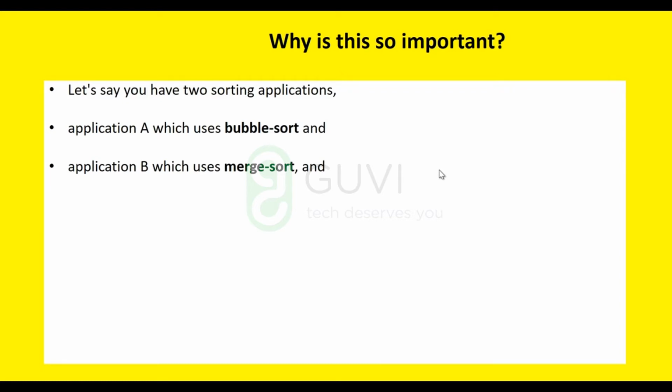Okay, why is this so important? Let's see. I have two sorting algorithms, like bubble sort and merge sort, used in your mobile phone. When you check the contacts and sort the data, let's assume the bubble sort takes around 10 milliseconds, whereas the merge sort takes only 1 millisecond.